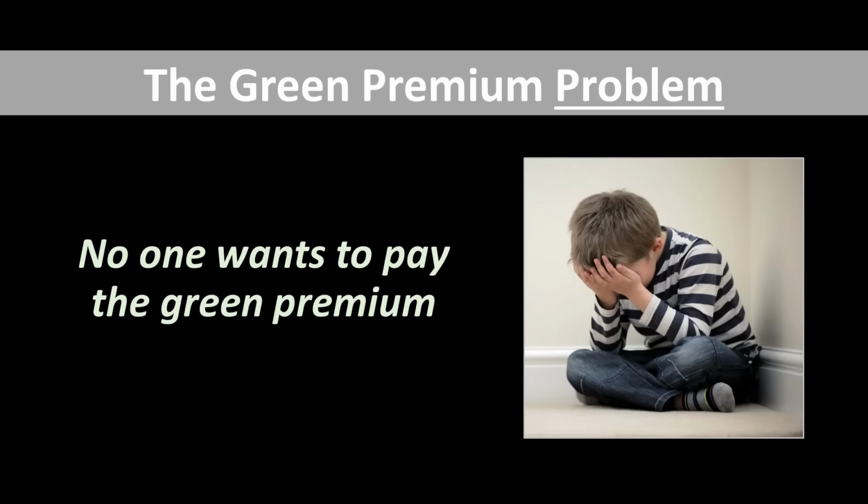If a consumer has a choice between buying a product that emits carbon dioxide and one that doesn't, they typically ignore the carbon dioxide and select the lower cost option. In other words, most consumers will not pay a green premium unless forced to do so. This is observed behavior and is consistent with economic theory.